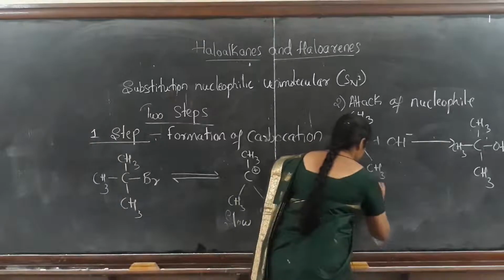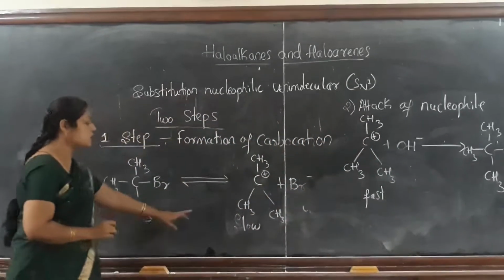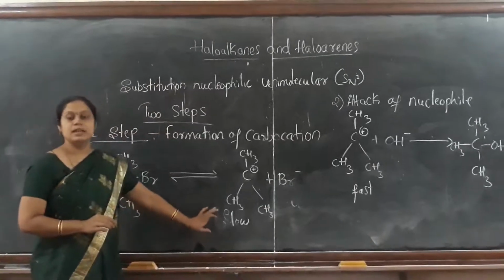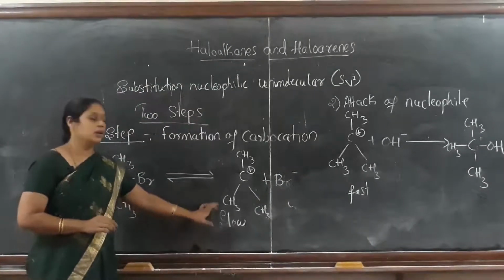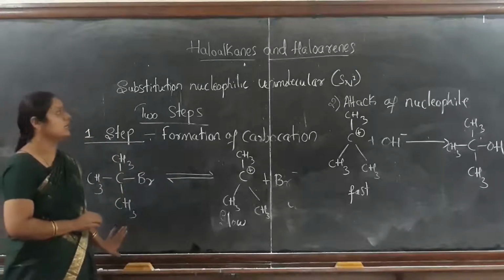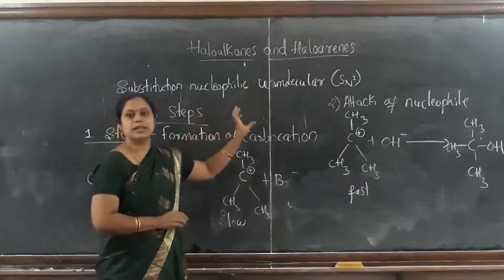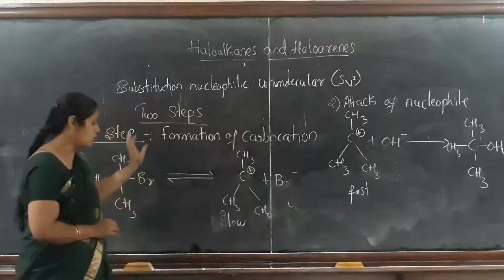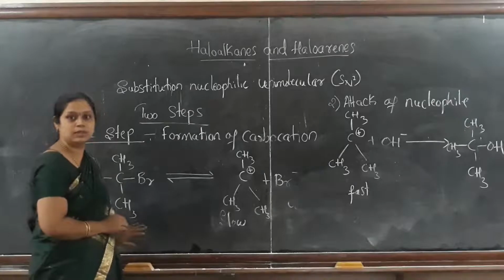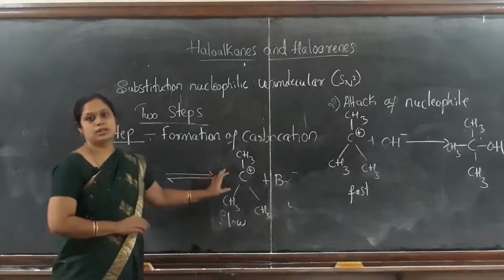So, this is a fast step here. As the first step is a slow step, it is the rate determining step where a single molecule is involved, hence it is unimolecular, and the rate of the reaction depends upon the concentration of the reactant, that is the alkyl halide, hence it is a first order reaction.